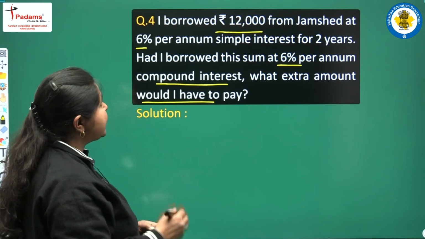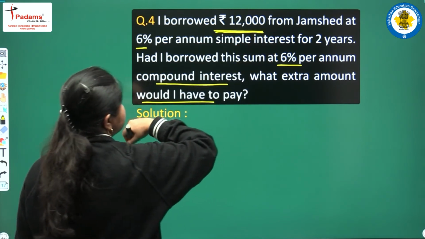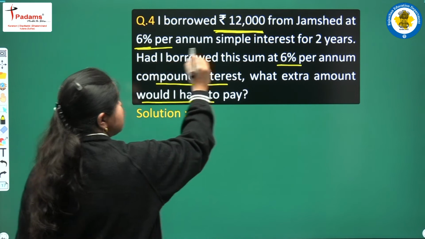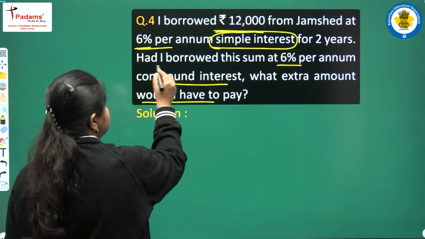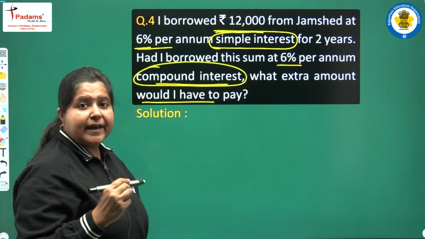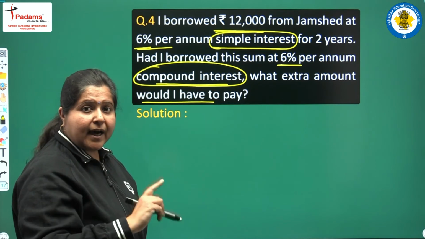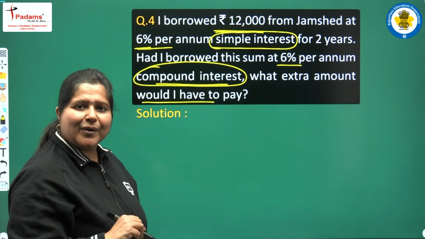यहाँ बात हो रही है कि मैंने जमशेद से 12,000 रुपीज़ बोरो किए at 6% per annum सिंपल इंटरेस्ट पे. अगर मैंने सिंपल इंटरेस्ट की जगह कंपाउंड इंटरेस्ट पर बोरो किए होते तो मुझे कितना एक्स्ट्रा अमाउंट पे करना पड़ता, ये है क्वेश्चन. तो यहाँ हम सिंपल इंटरेस्ट भी कैलकुलेट करेंगे और कंपाउंड इंटरेस्ट भी, और फिर दोनों को कंपेयर करेंगे.